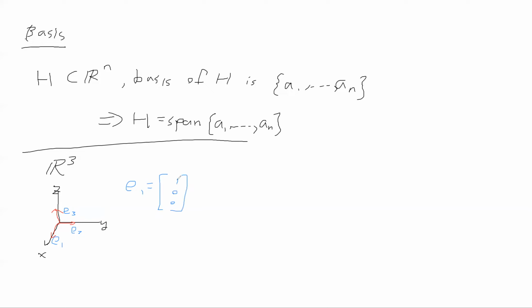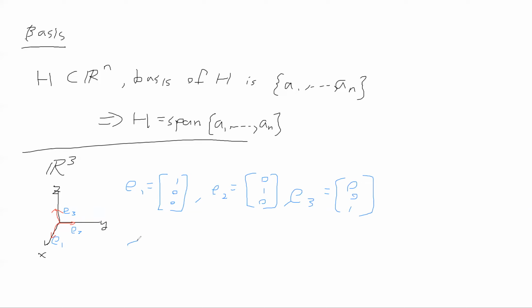You have 1 in the X entry, and then E2 is 0, 1, 0, and then E3 is 0, 0, 1. Okay, so these are the standard vectors along the axis, and the standard bases. Right, so we have three vectors that point in different directions.